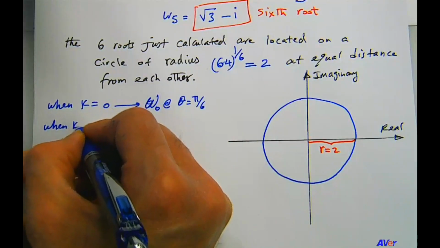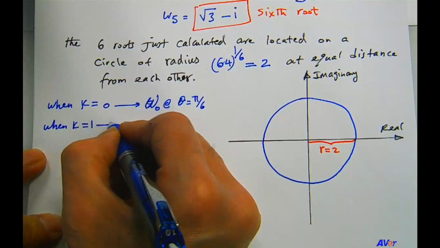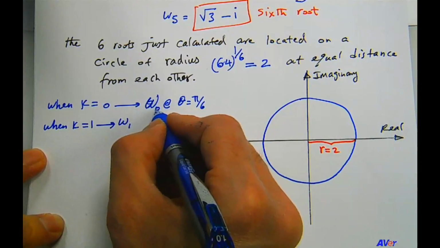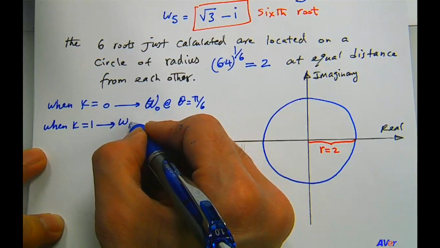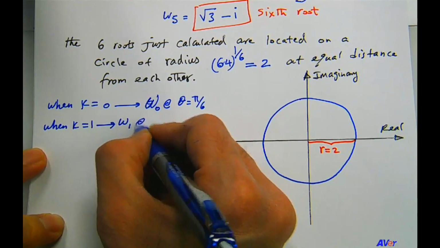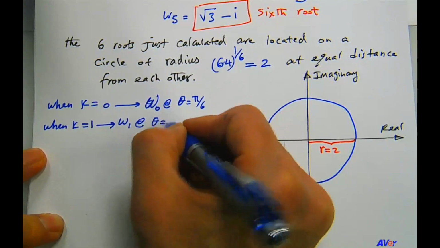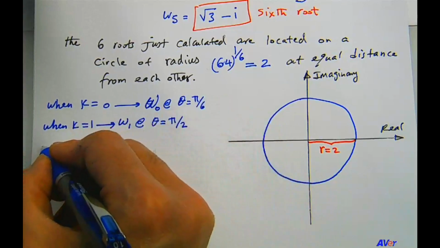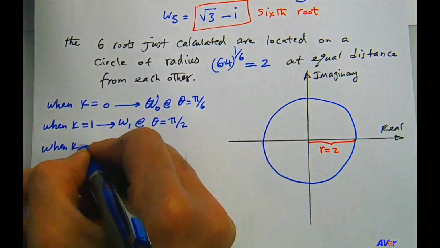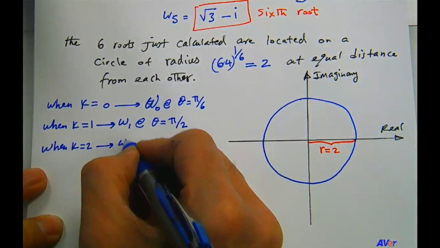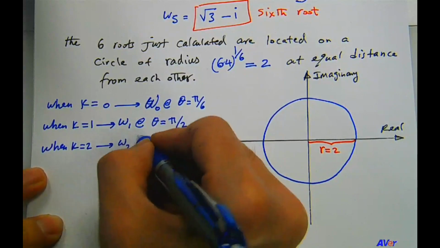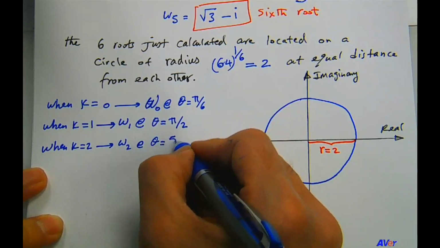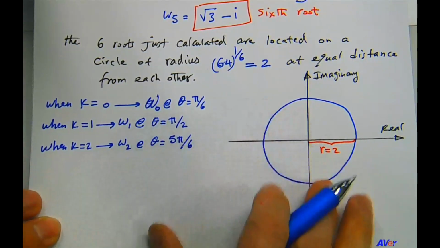When we calculated k equals 1, the second root, so W0 is the first root and W1 was the second root, it happened at theta equals pi over 2. When k was equal to 2, W2, or the third root, was at theta equal to 5 pi over 6.